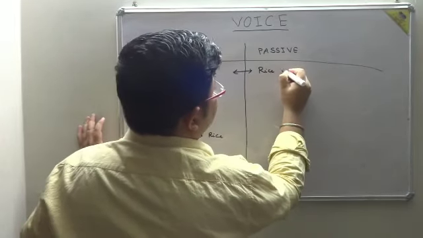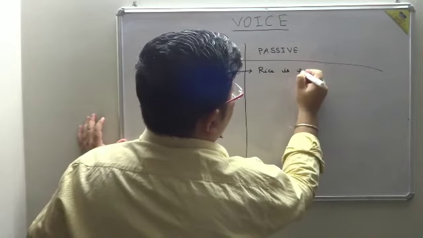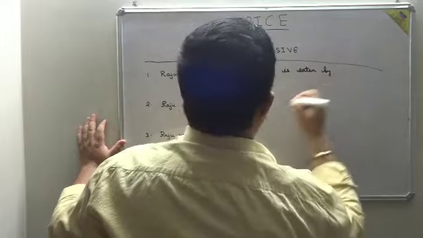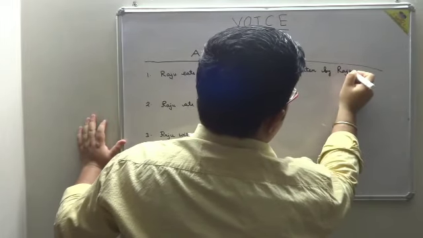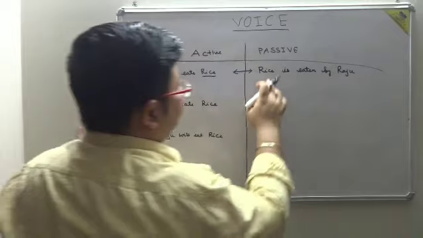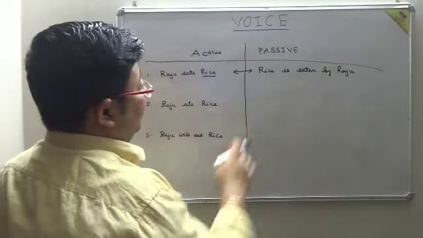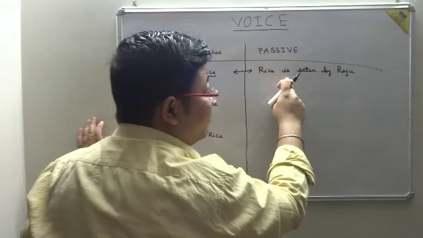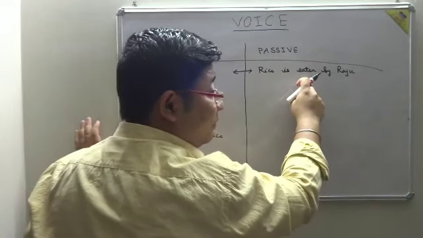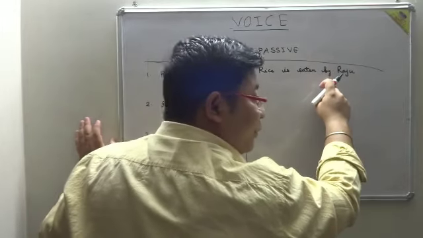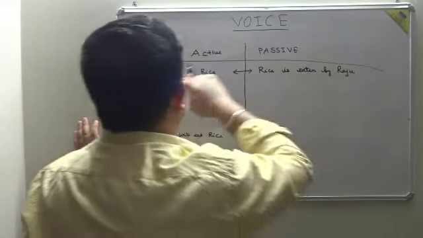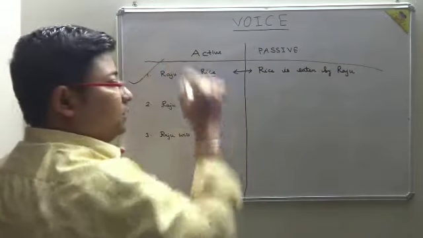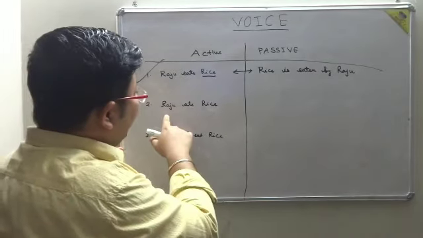Okay, rice is eaten by Raju. See, Raju eats rice. Rice is eaten by Raju. The object has changed to subject here, plus the be verb, plus the past participle form of the verb eat, plus the preposition, plus the subject in the active voice has become the object here. This is correct? Yeah.